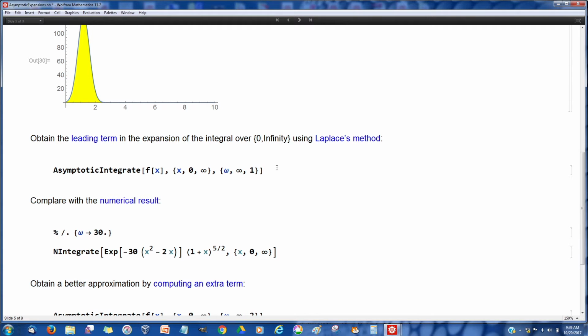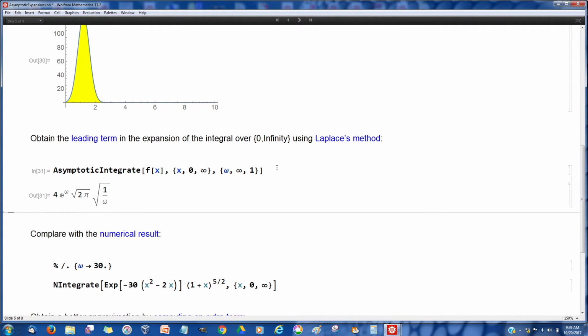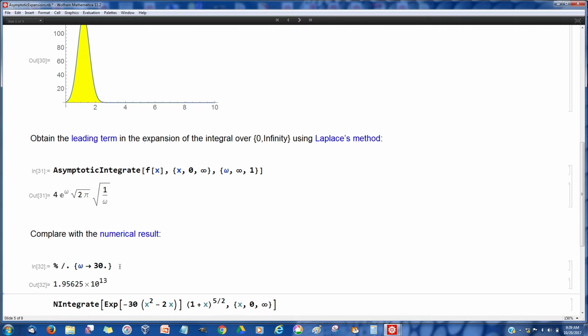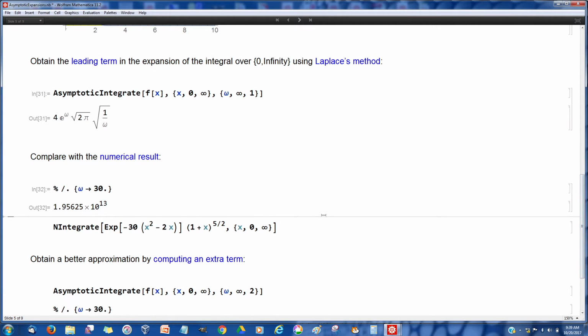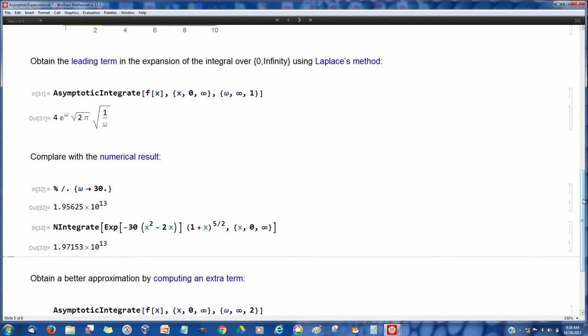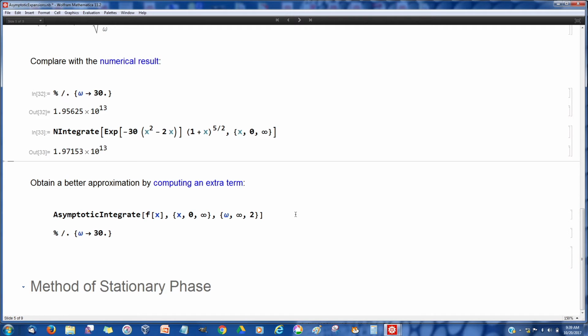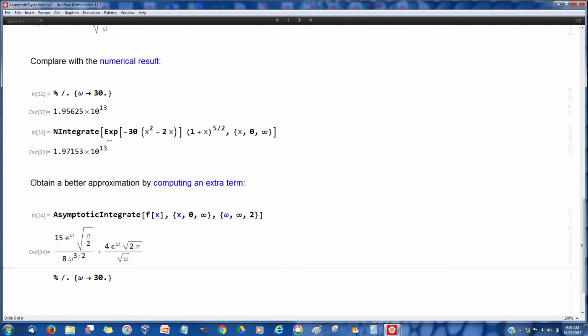That's a pretty hard integral actually, but you get back a nice expression, just a single term, and that single term is pretty good for giving you an approximation of the integral. If you want to go a step further, with more than just one term, you can do two terms or three or whatever you like, and you can see that early on you had a slight discrepancy between the exact and the approximations, and now that discrepancy just goes away.